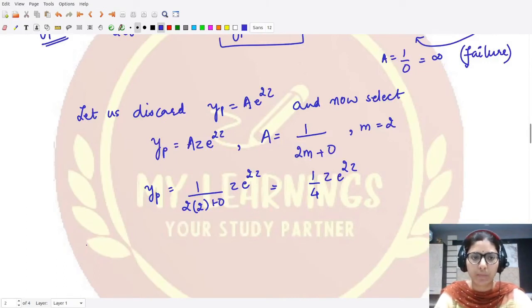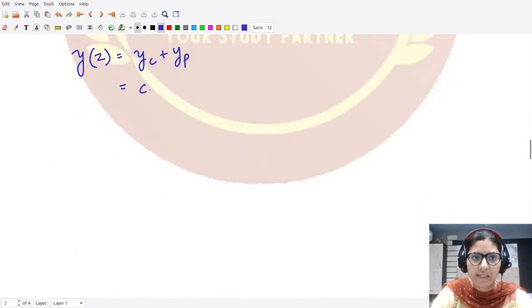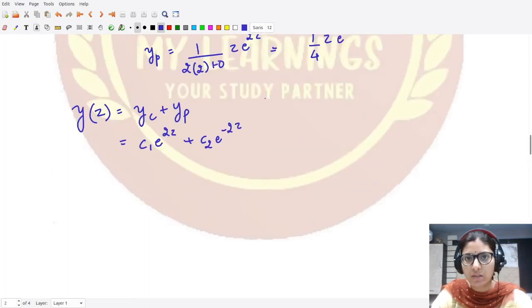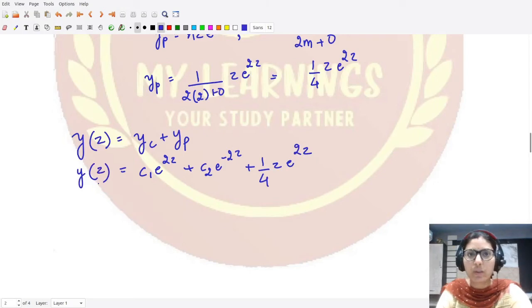Now you have the complementary solution and the particular solution. So what is your answer here? You have c1 e to the power 2z plus c2 e to the power minus 2z, and your particular solution was 1 by 4 z e to the power 2z. So this is the solution in z, but what do we require in the question?